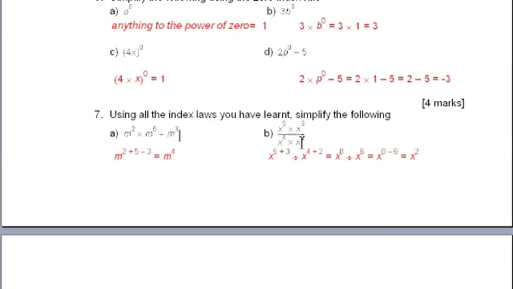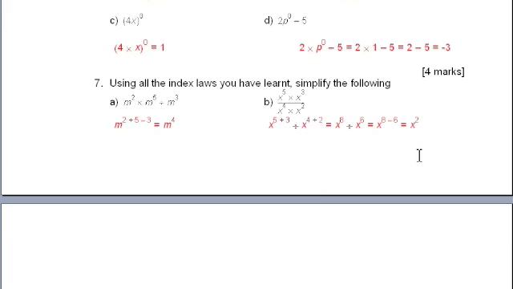Now the numbers underneath are both to the same base, so we can add those because there's a multiplication here underneath the fraction bar. So that's x to the power of 4 plus 2. Okay, so that's x to the power of 8 on the top, divided by x to the power of 6 on the bottom, which is x to the power of 8 minus 6, which is equal to x squared.